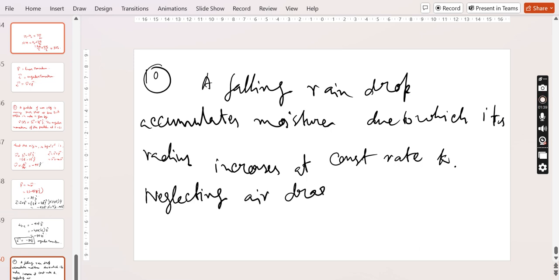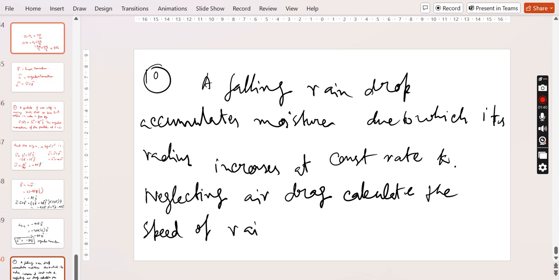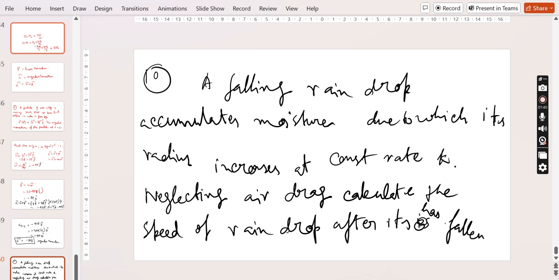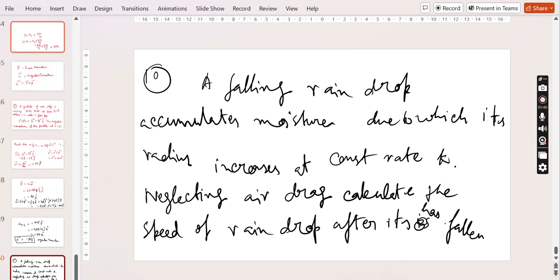Calculate the speed or rate of the raindrop.